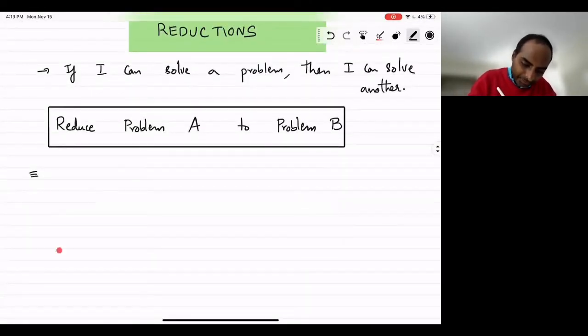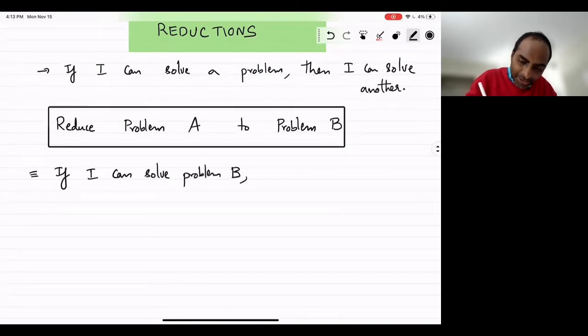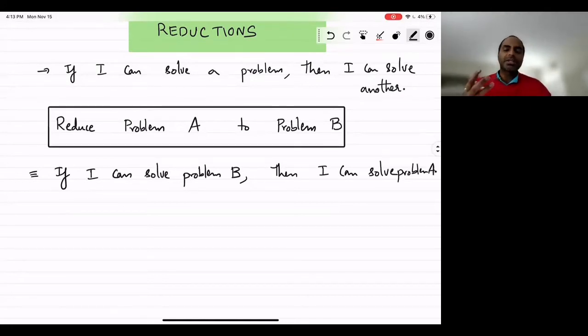Intuitively, what this means is that if I can solve problem B, then I can solve problem A. Okay. So in other words, if someone gave me a magical box to solve problem B, then I can use it to solve problem A, right?